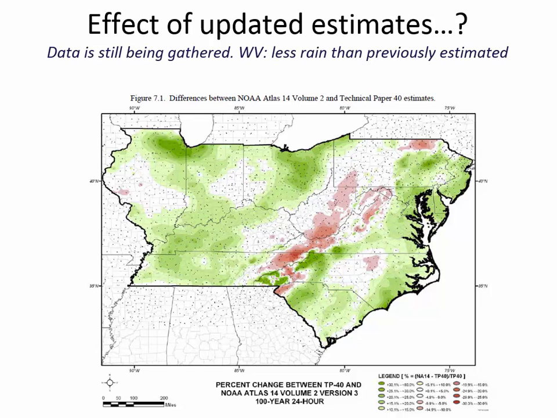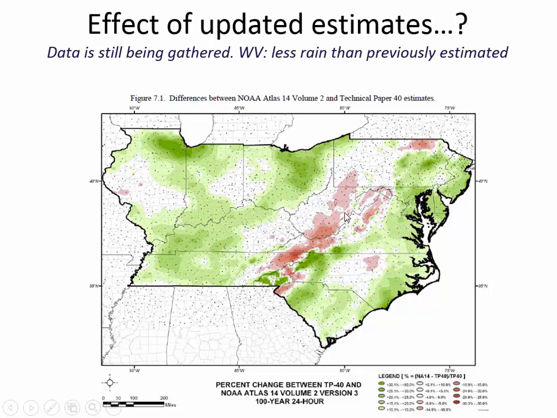Someone did a comparison to find out where our old data was underestimating how much it rains, and where the old data was overestimating how much it used to rain. What this is showing is that in West Virginia, it actually rains less than we previously estimated.